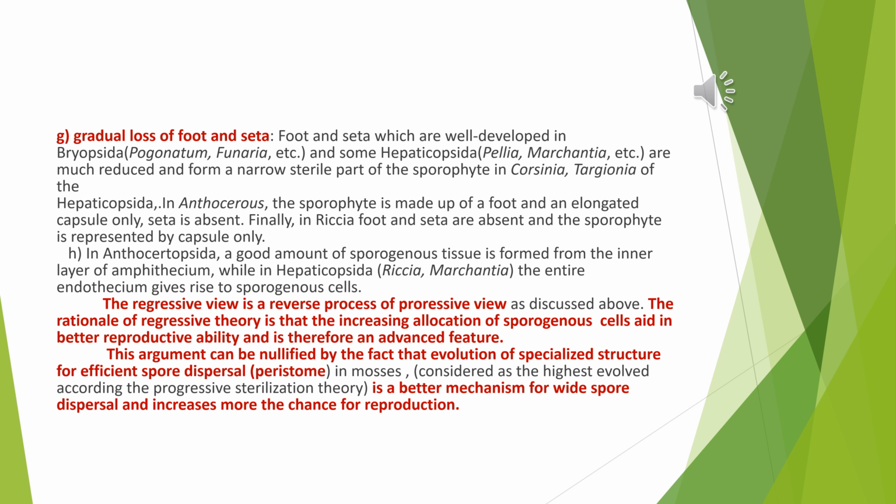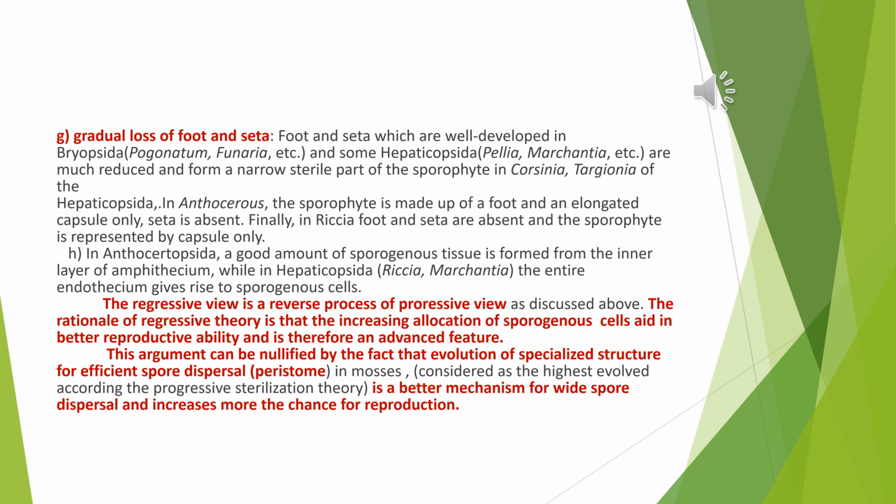Now, what is the argument of the regressive theory? The rationale of regressive theory is that the increasing allocation of sporogenous cells aids in better reproductive ability and is therefore an advanced feature.